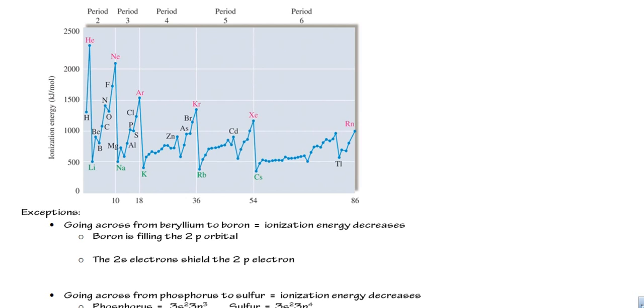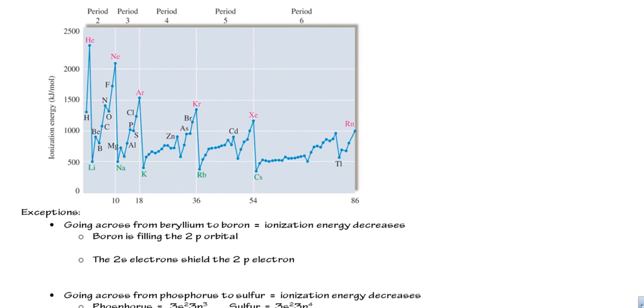Same thing if I look at like the alkali metals, lithium down to cesium. As I go down a group, ionization energy decreases for the same reasons. Now they could also ask me to compare something like, why is the ionization energy of neon greater than lithium?